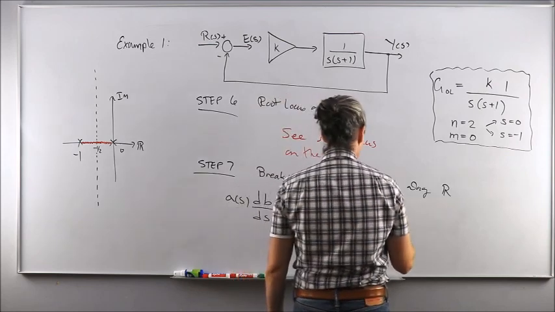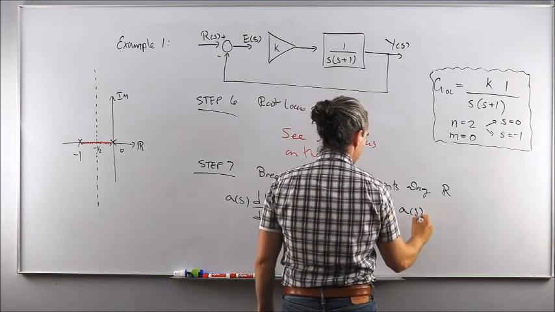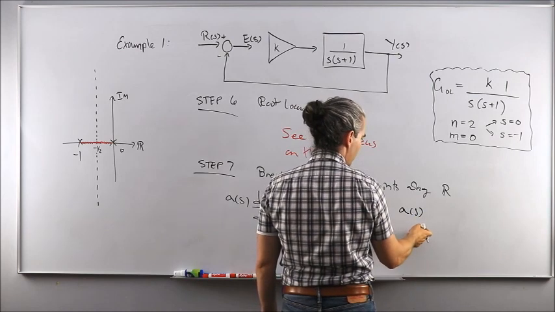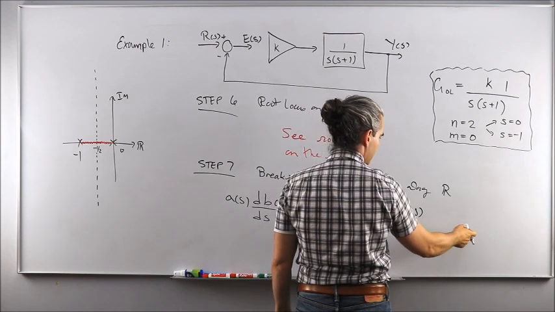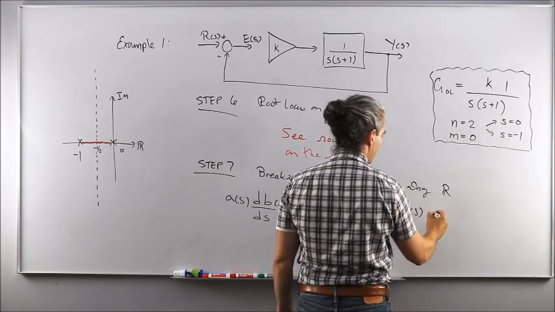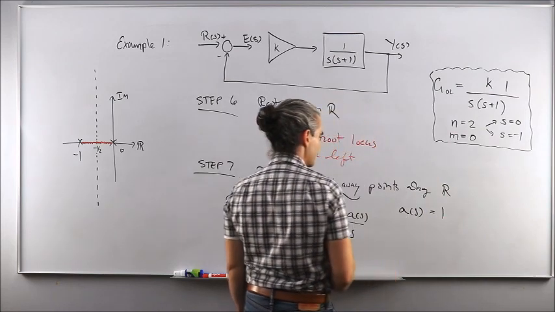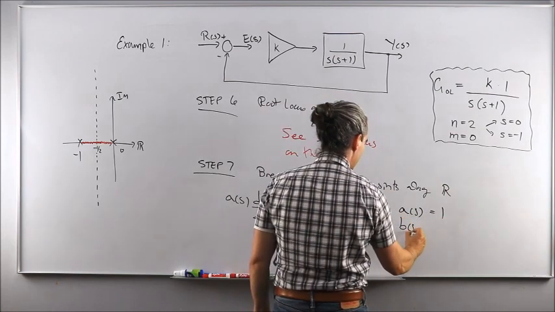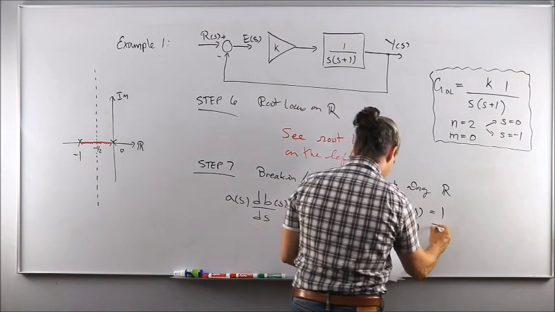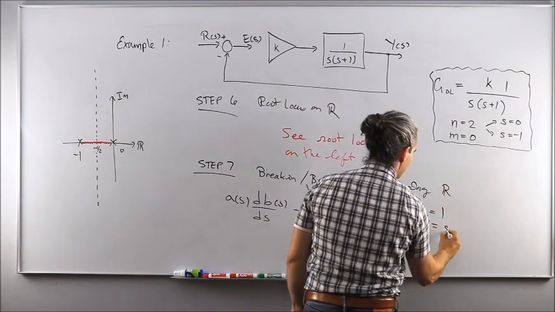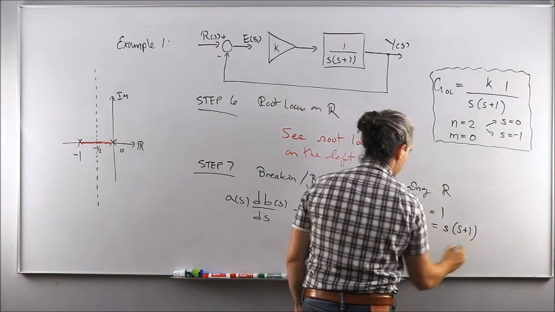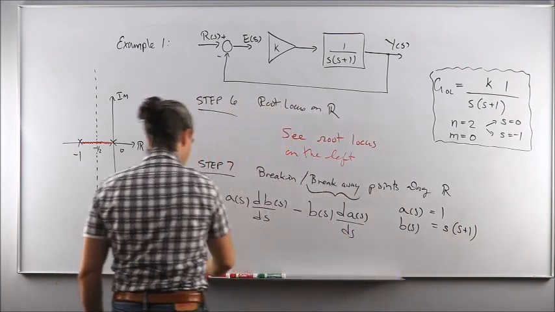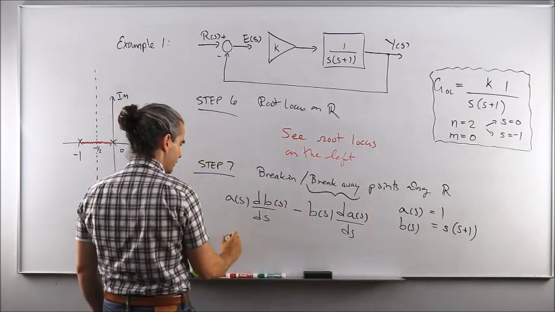So all you're considering for A is just s minus z1 times s minus z2, etc. But because here we don't have anything, all we have is 1, essentially. And our B is related to our denominator, which is just going to be s times s plus 1. So back in that expression, A is 1.